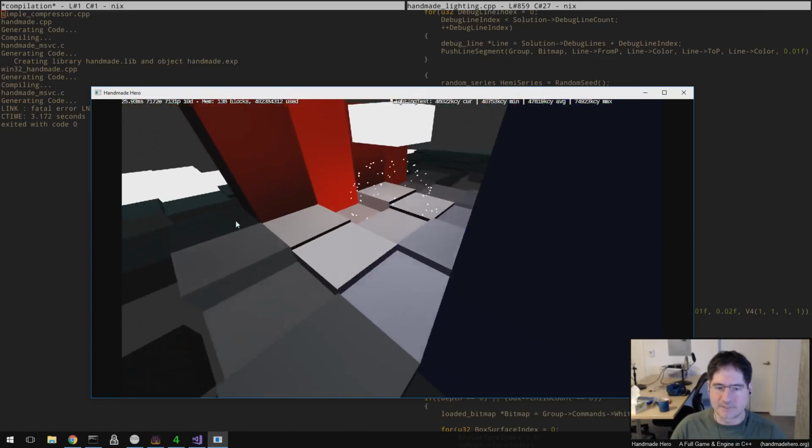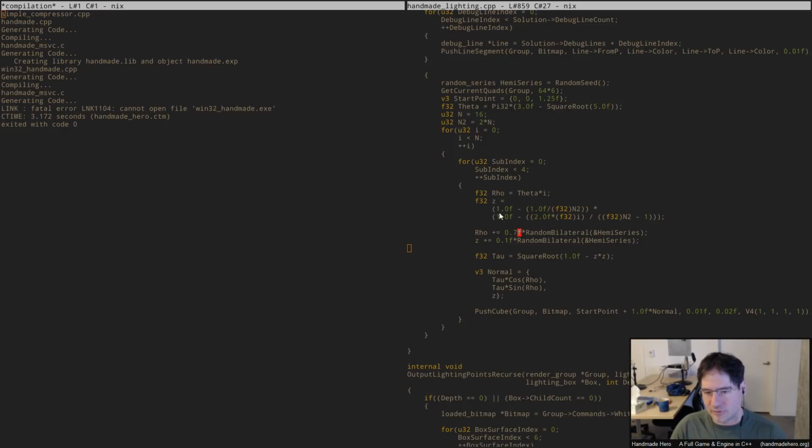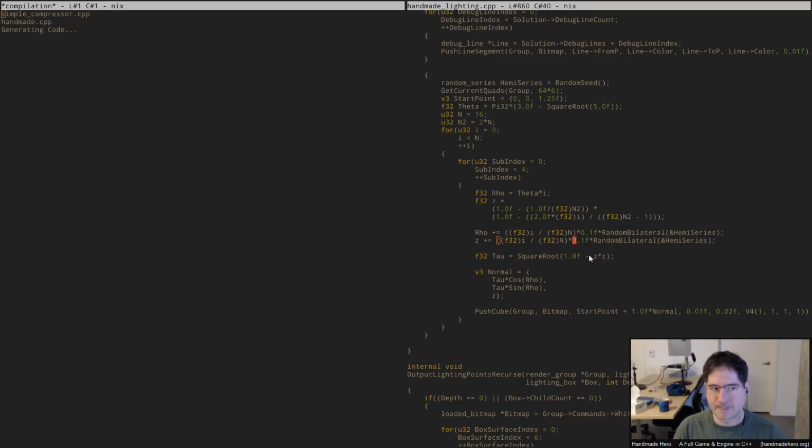I don't know. But it does seem like one of the things here is we probably want the angle to vary more at the bottom than at the top, right? So as the eye kind of gets further out, it's probably something more like F32i over F32n times this random or whatever, something more like this, so that the variance in terms of the values increases as you go, right?